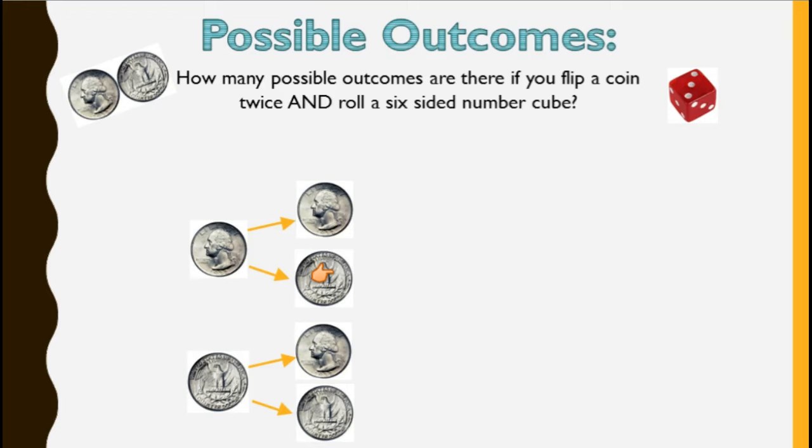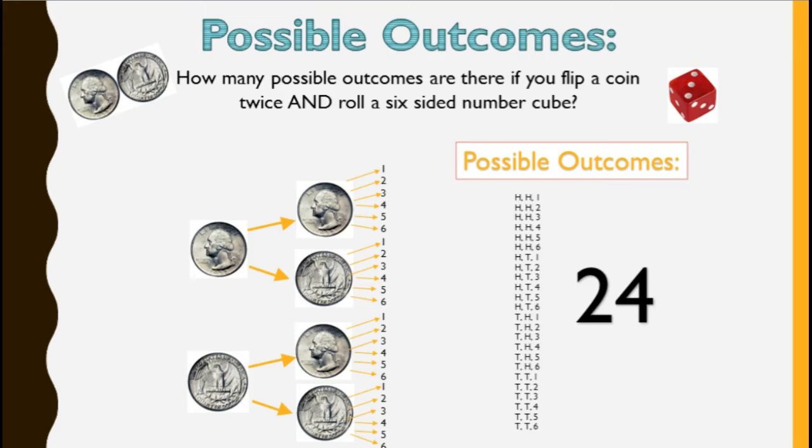And then we roll a number cube, and it's either going to land on a 1, a 2, a 3, a 4, a 5, or a 6. So you can see how the total number of possible outcomes are growing fast. So if I were to write all of this out, it would look like this. And the total number of possible outcomes would be 24.